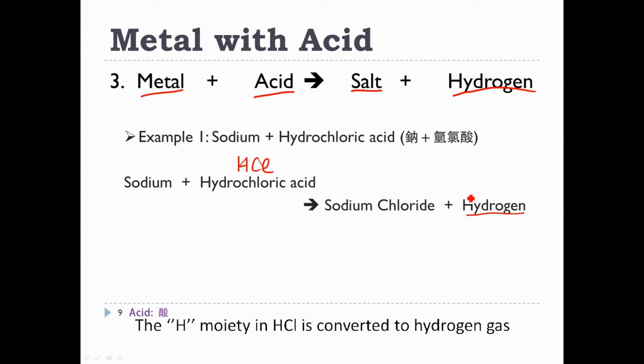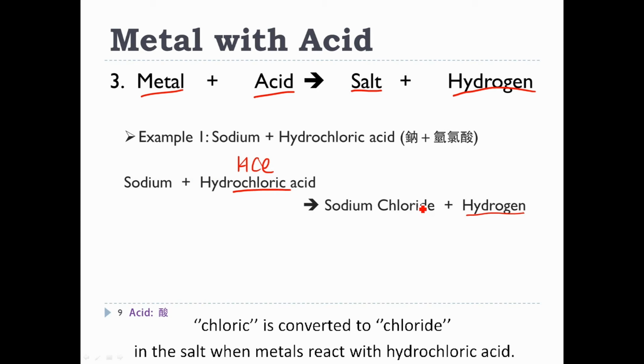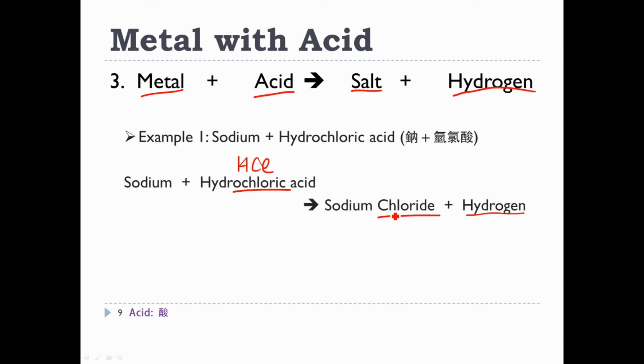The H moiety in HCl is converted to hydrogen gas, and the Cl moiety in HCl is converted to chloride, an ion in the ionic salt. Or in short, chloric is converted to chloride in the salt when metals react with hydrochloric acid. Therefore, the salt is sodium chloride.